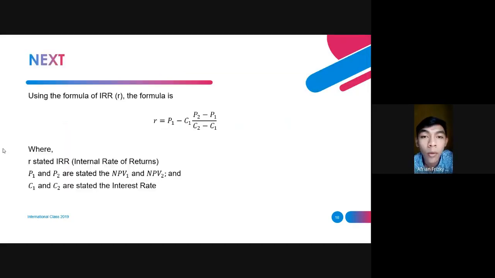Then we use the formula of IRR. We denote IRR by small r. The formula is r equals P1 minus C1 times P2 minus P1 divided by C2 minus C1, where r is the IRR or internal rate of return, C1 and C2 are the NPV1 and NPV2, and P1 and P2 are the interest rates.